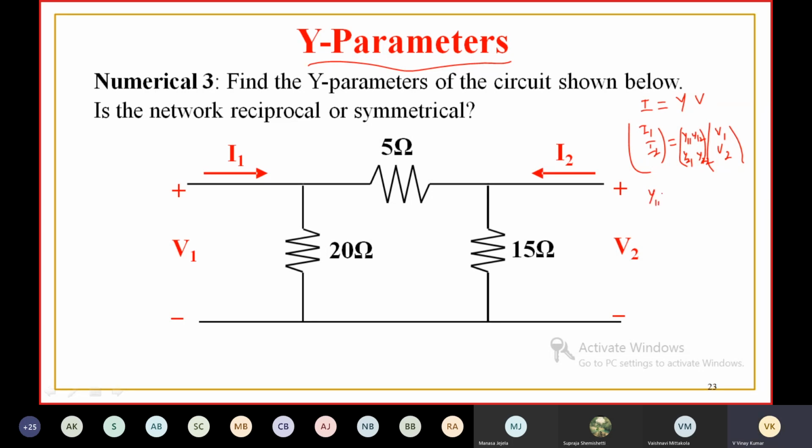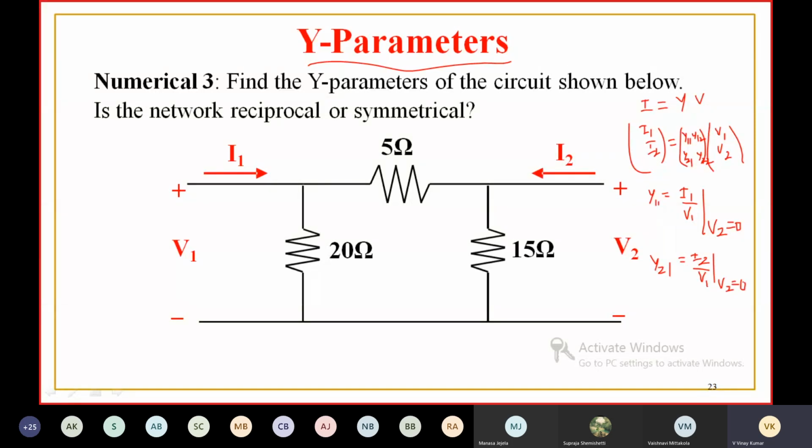You know, right? Y11 is equal to I1 by V1 when V2 is equal to 0. Similarly, Y21 is equal to I2 by V1 when V2 is equal to 0.